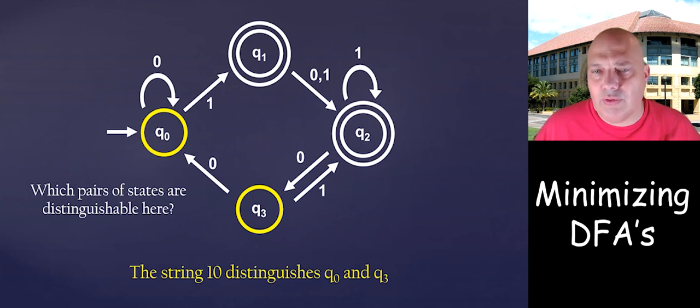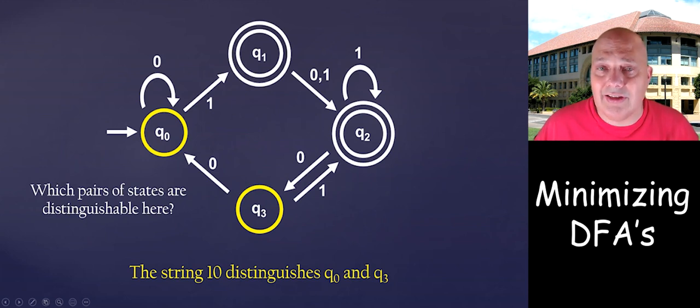And one way of knowing that they are distinguishable is just to look at 1. 1 from Q0 reaches Q1, 1 from Q3 reaches Q2. We already argued before that Q1 and Q2 are distinguishable, and if by taking the same symbol or the same string, you reach two states that are distinguishable, you can conclude that the states you started with are distinguishable as well. And that's not hard to argue.